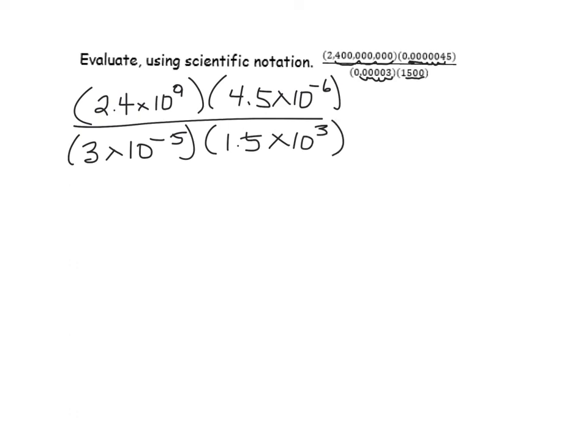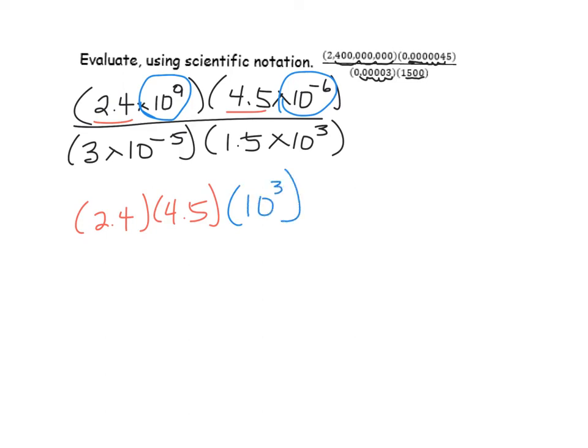All right, let's take a look at what we have here. If we pull apart just the numbers, we would have 2.4 times 4.5. And then if we look at the rules for combining bases, bases that are the same, add their exponents together. That would be 10 to the 3rd.